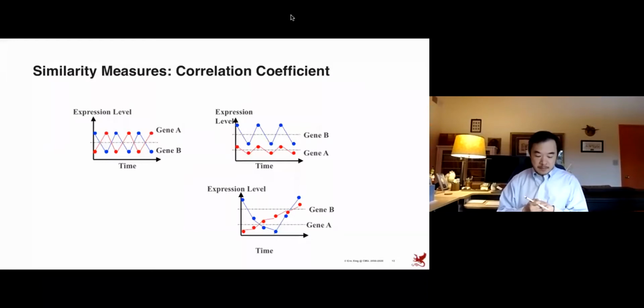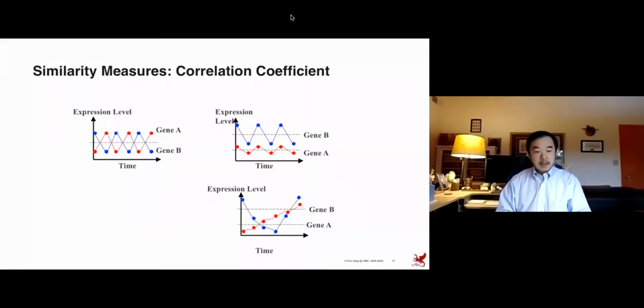But now here I have some new data sets, and you can take a look. On this graph, it is the measurement over time of the expression level of 2 genes. And this is again the measurement of 2 genes over time, and here another set.